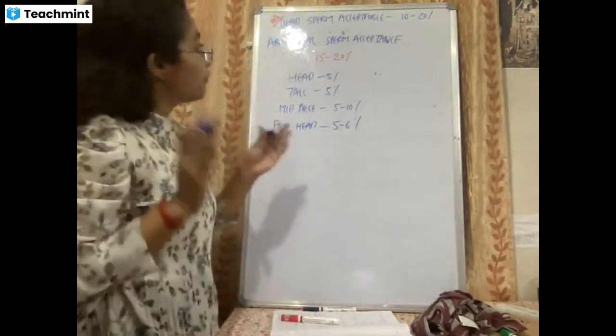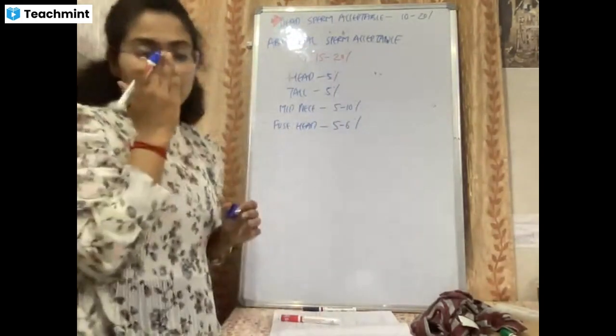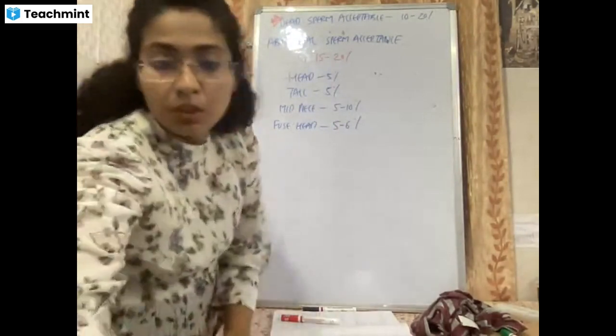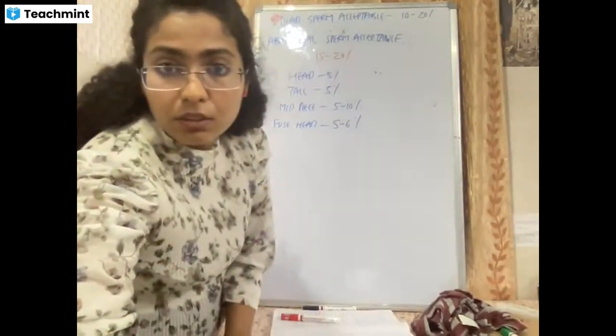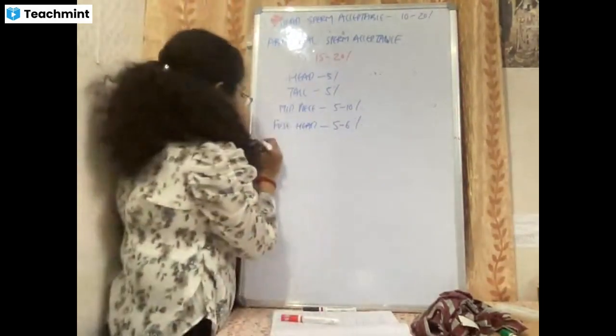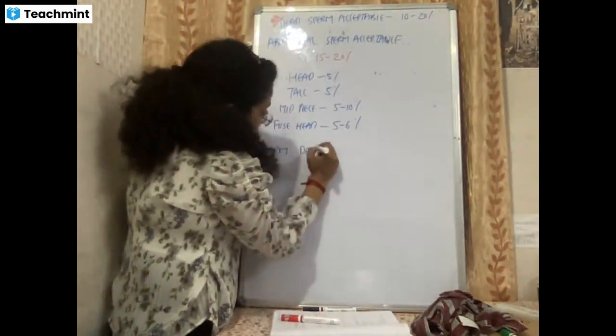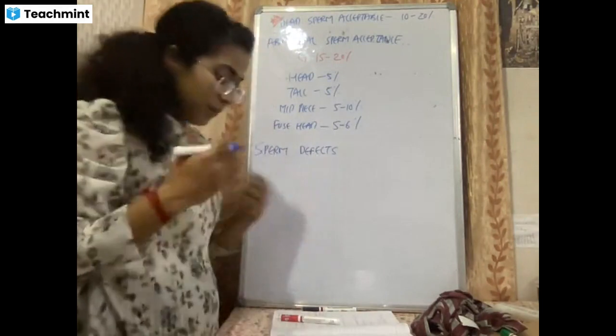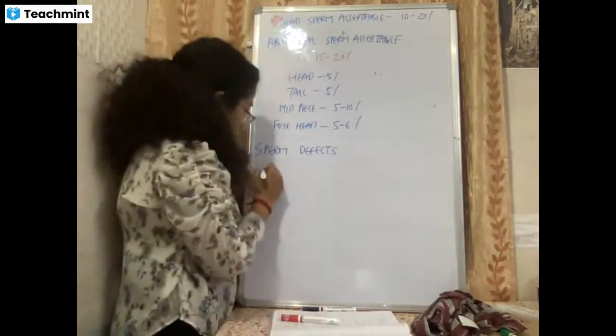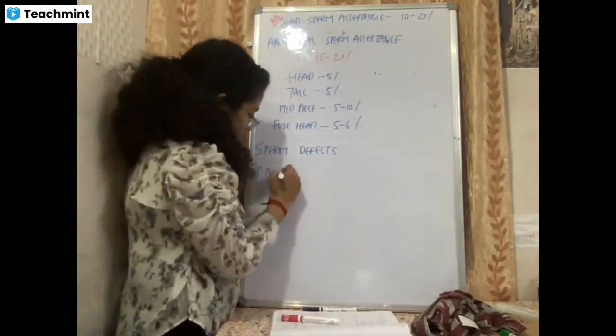Now we come to the different types of defect which comes in the sperm. Firstly there is the primary defect.